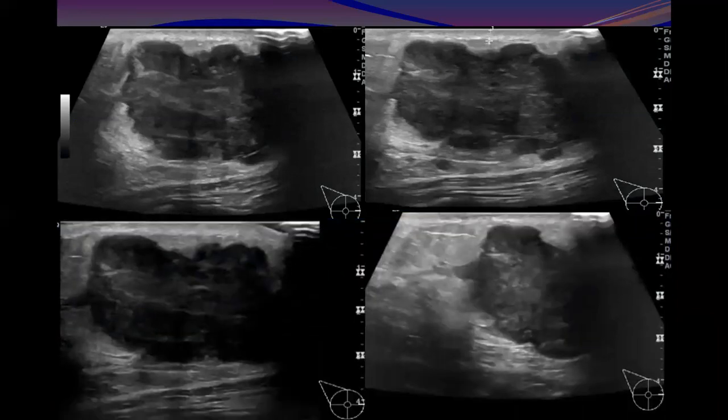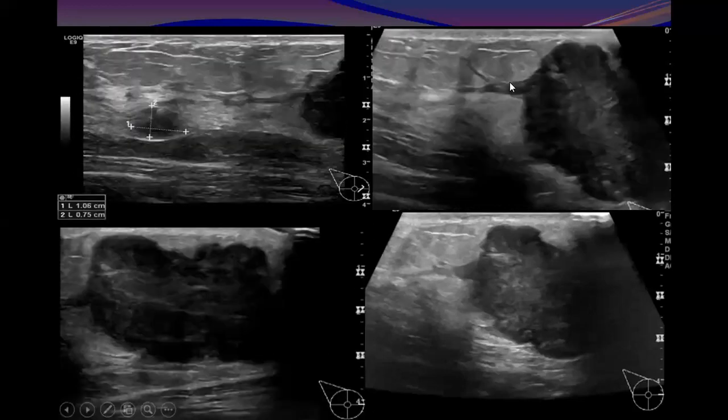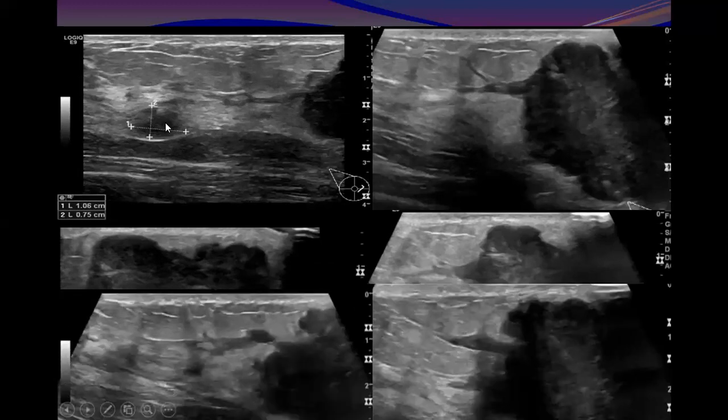But when I sweep throughout, look for the ductal extension, I have to look and sweep throughout. This is another duct, even branching. Look for the extent of the ducts and the satellite lesions. So this is definitely BI-RADS 5.